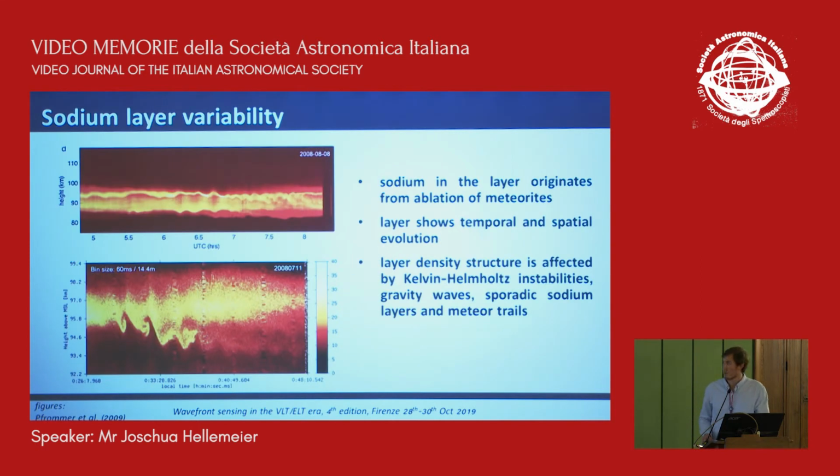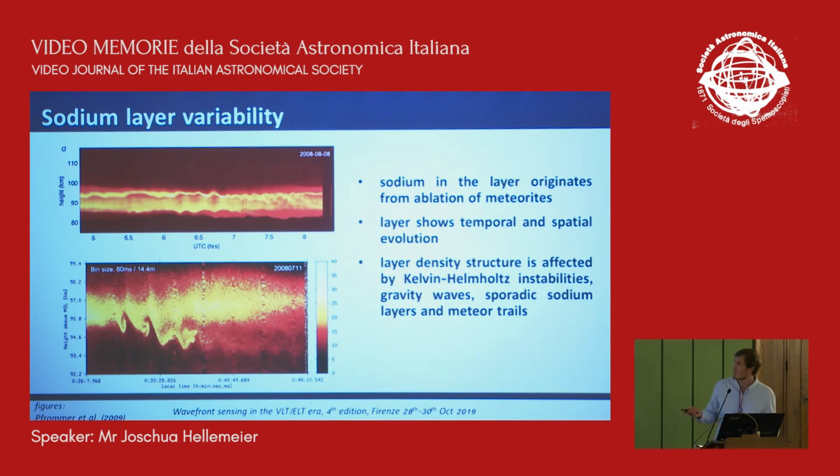So let me remind you of some of the sodium layer properties. The sodium layer is in the mesosphere at about 80 to 110 kilometers of altitude. The sodium originates from ablation from meteorites, and at the lower edge, the sodium leaves the layer by chemical reactions.